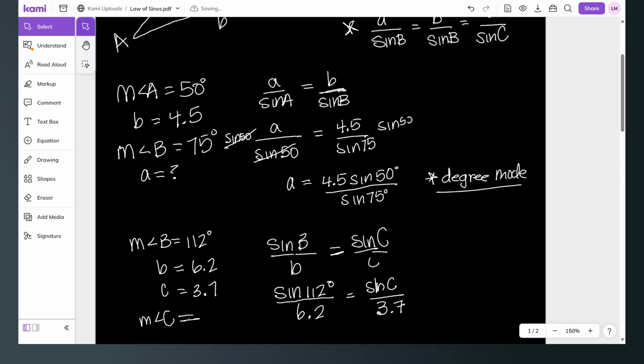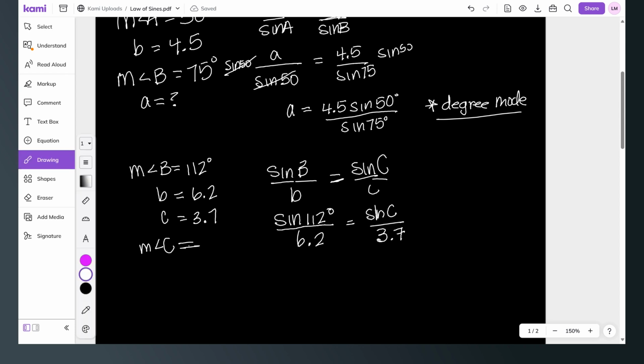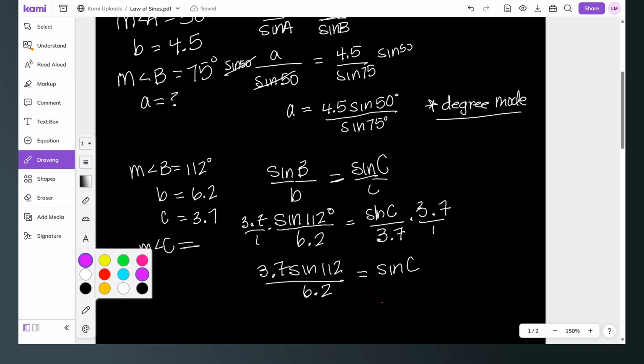To get sine C by itself, I'm going to multiply both sides by 3.7. Now I have 3.7 sine of 112 divided by 6.2 equals sine C. But remember, I'm trying to solve for C, so I'm going to apply sine inverse on both sides.